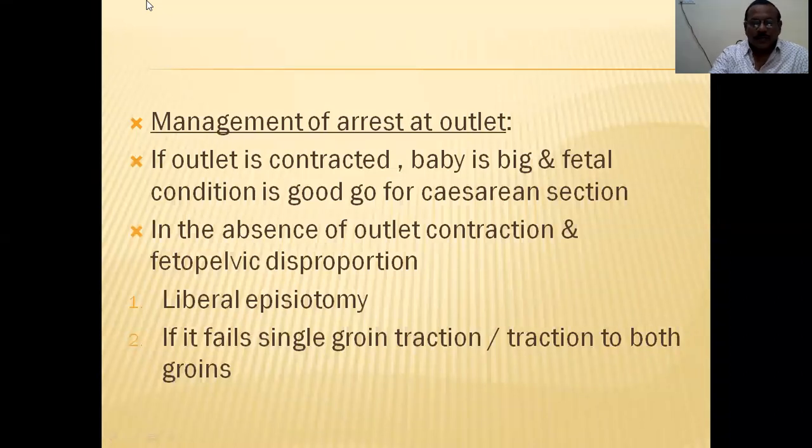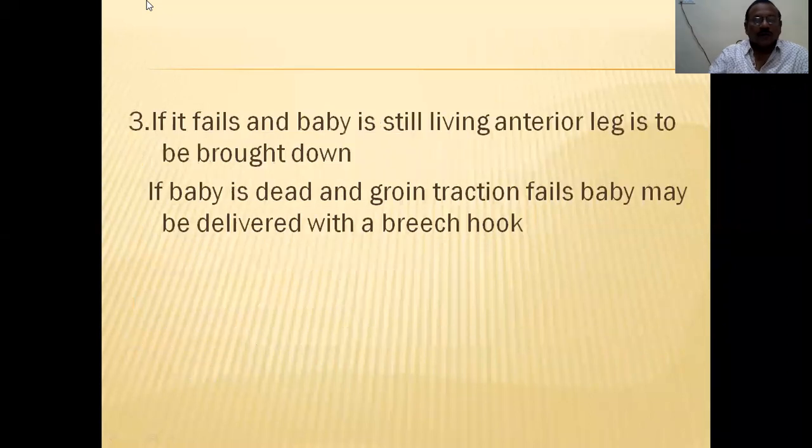If the baby is dead, we can apply traction with a breech hook. If it fails and the baby is still living, the anterior leg is to be brought down. If the baby is dead and the groin traction fails, the baby may be delivered by breech hook.